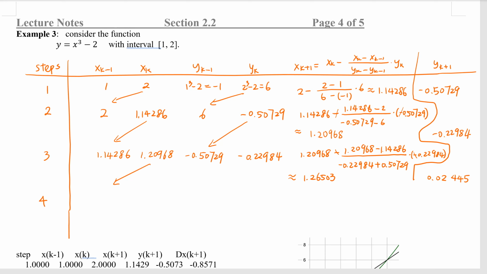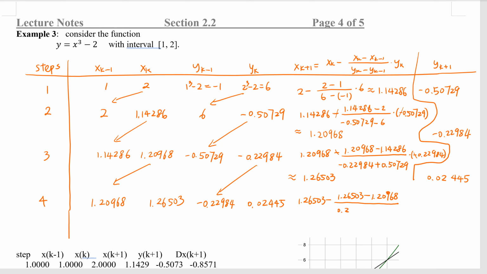So we shift. 1.20968, and here is 1.26503, and here is shift 0.22984. Here is 0.02445. XK is 1.26503. XK, 1.26503 minus 1.20968.